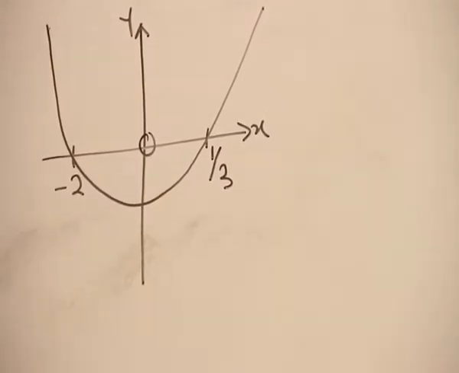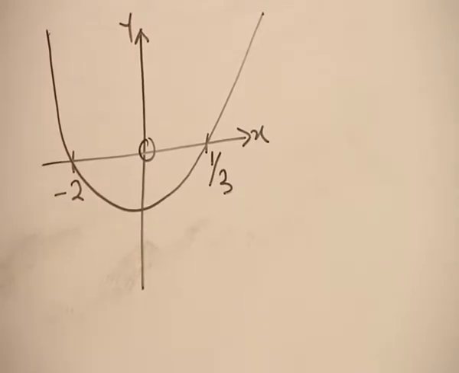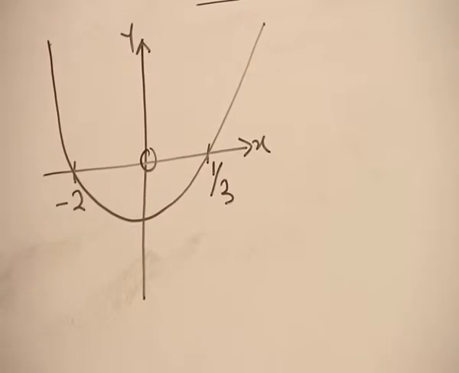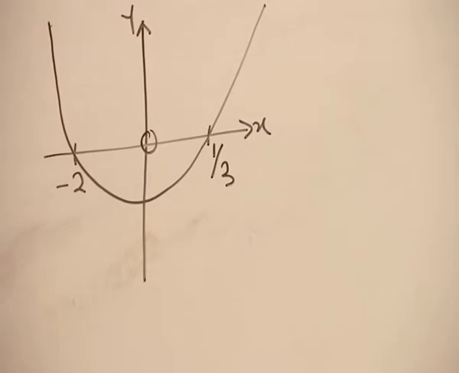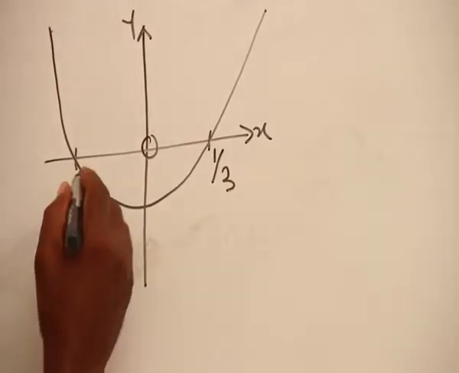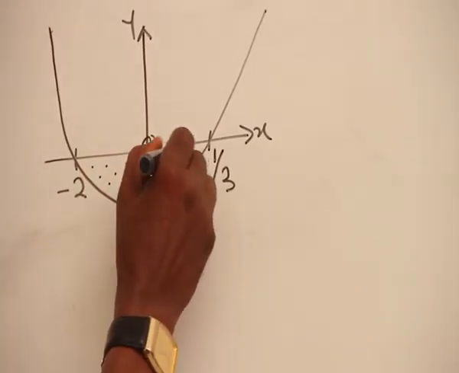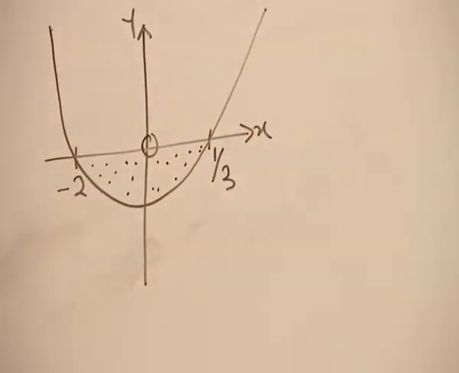But in the inequality sense, we are now asked to find the value of s where the graph is below the s-axis. If you notice carefully here, the graph is below the s-axis in this region.